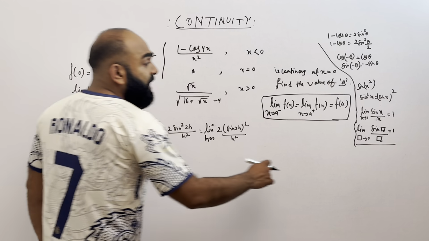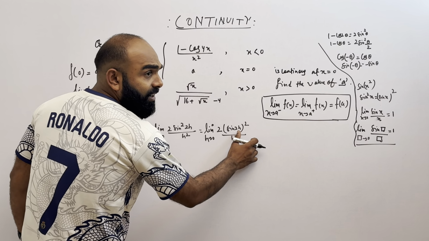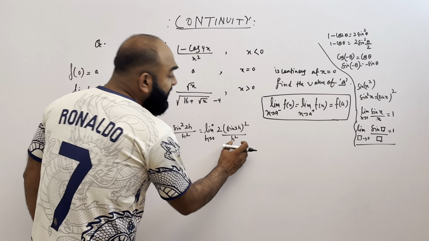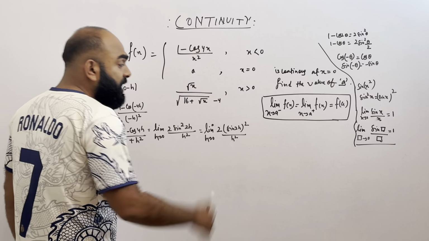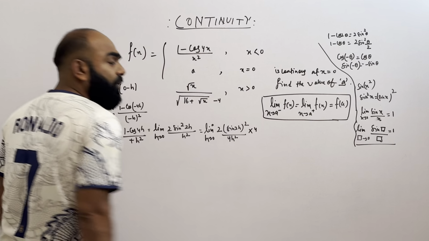We have read sine dabba by dabba when dabba tends to 0. But dabba is 2h, so I have to make this denominator 2h. For that I will multiply by 4 in the denominator and 4 in the numerator. Why, sir?